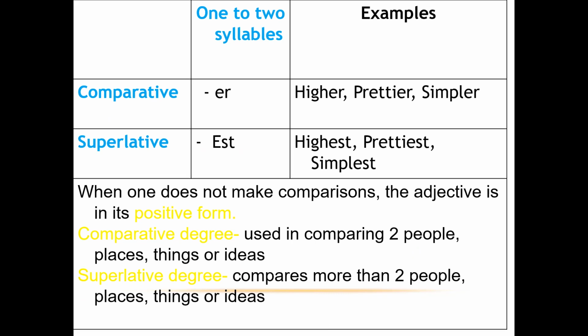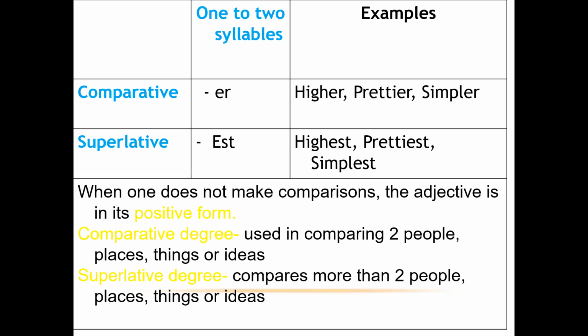So now we will also be talking about the adjectives in comparative and superlative form. We all know comparative means we're talking about two things or we're comparing two nouns. Superlative is either the lowest or highest.